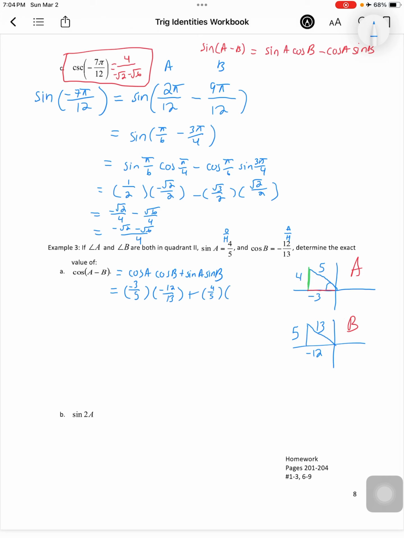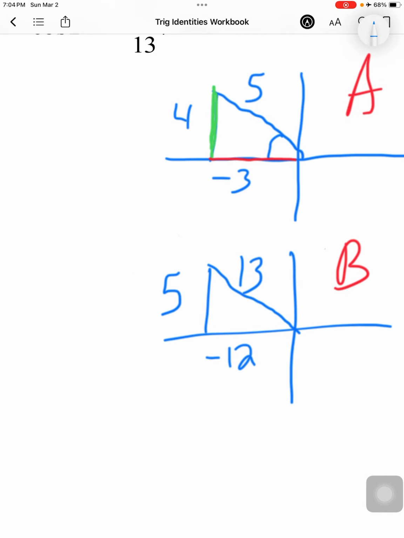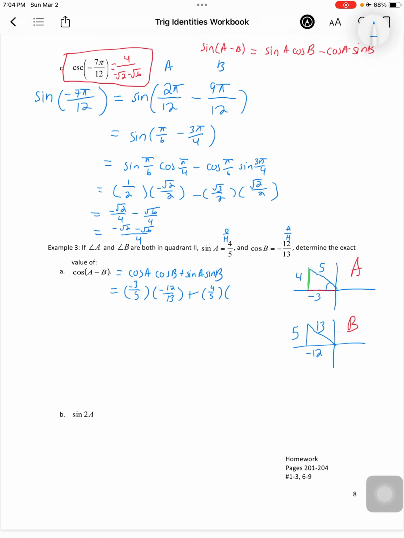And then sine B is opposite over hypotenuse, so it's 5 over 13. Then you're just going to simplify everything. So it's going to be 36 over 65 plus 20 over 65, which gives you 56 over 65. And that would be your final answer.